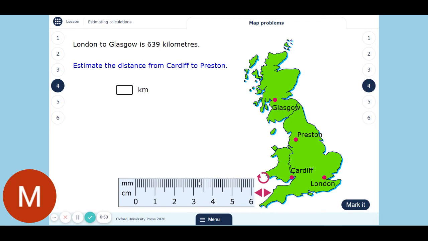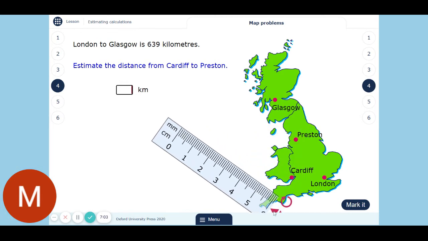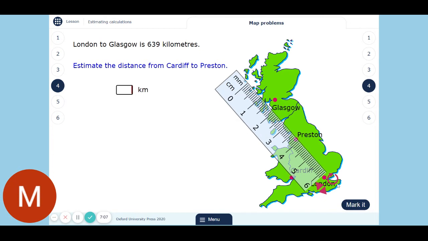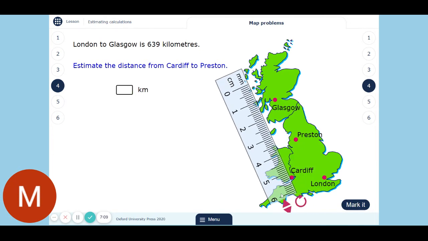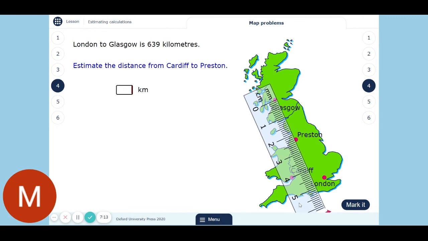Estimate the distance. So London to Glasgow is 639 kilometers. So we've got to use the ruler to find out what the scale is. Put this on there.